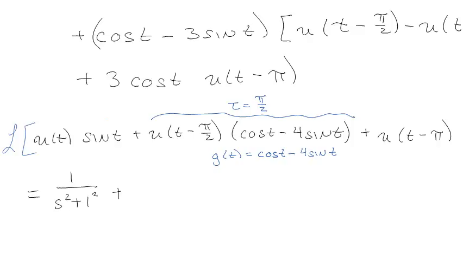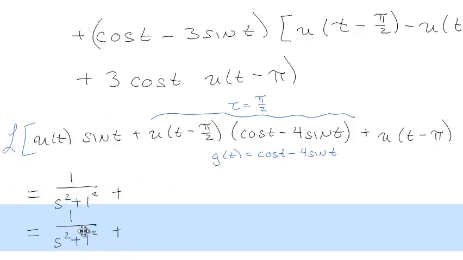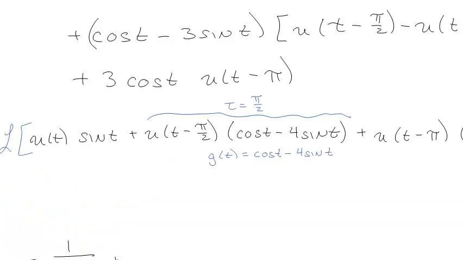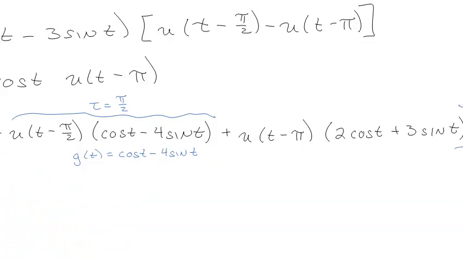So I've got g of t plus tau has to equal cosine of t plus tau minus 4 sine of t plus tau.